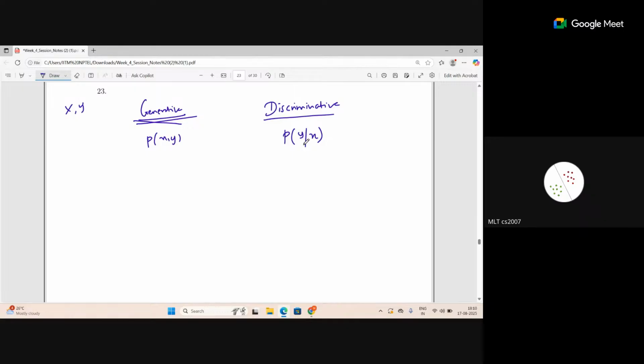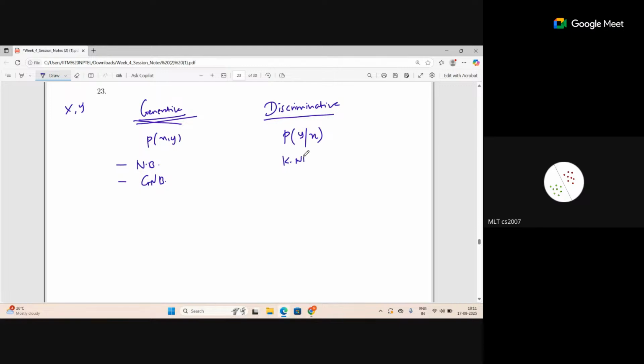Which are those techniques we have seen? What are generative modeling techniques? Naive Bayes, right? Or Gaussian naive Bayes. These are the techniques where we actually find out the joint densities. Fine. For discriminative, what are those techniques?